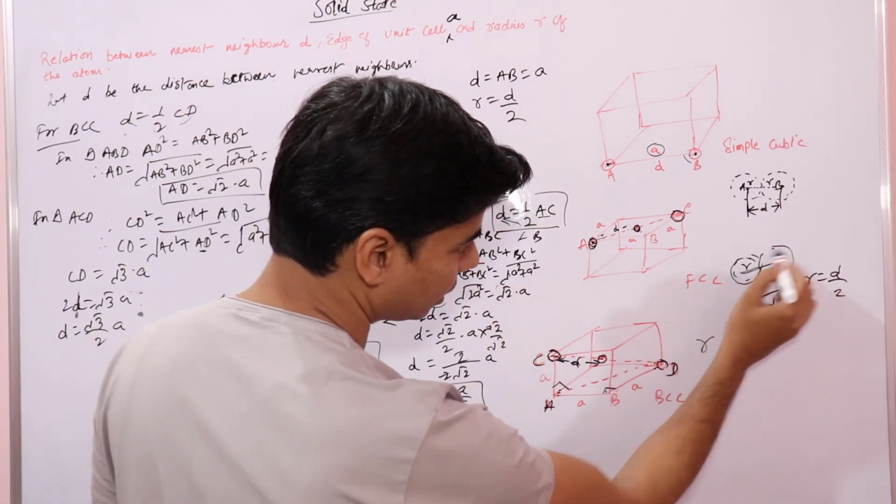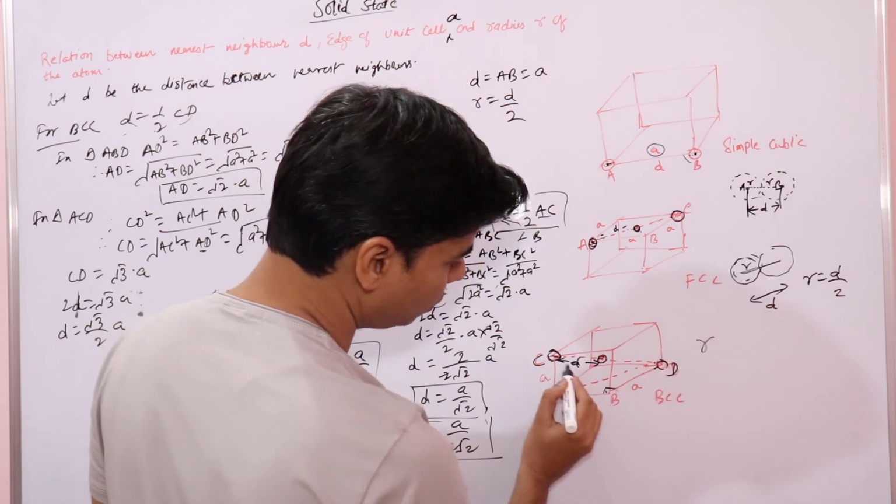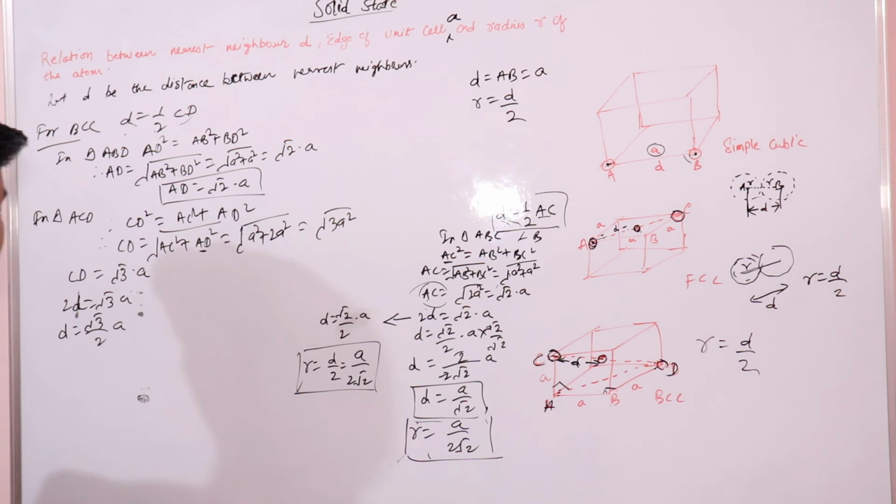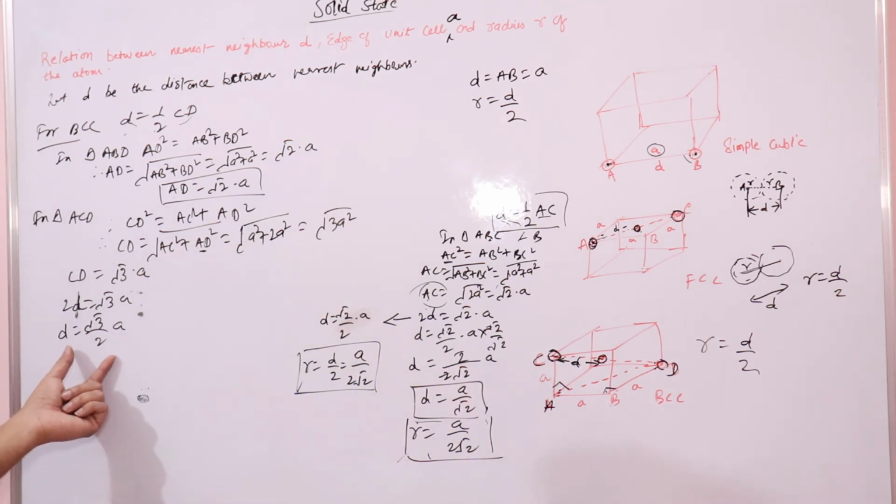Since they are touching one another, r would be equal to half of d. r is half of d, so d is equal to 2r, right?